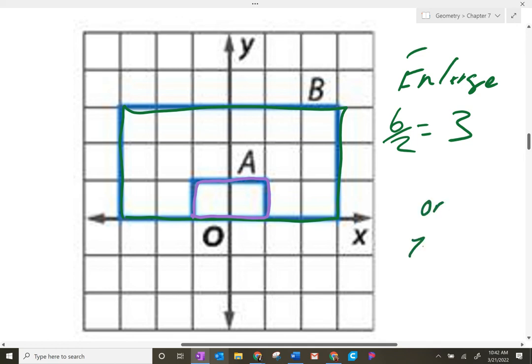Or I could say a 300% enlargement. So a scale factor of 3, or a 300% enlargement.